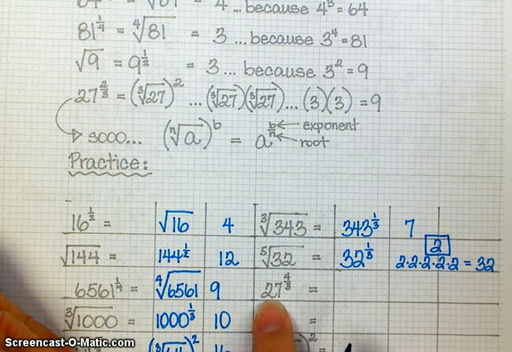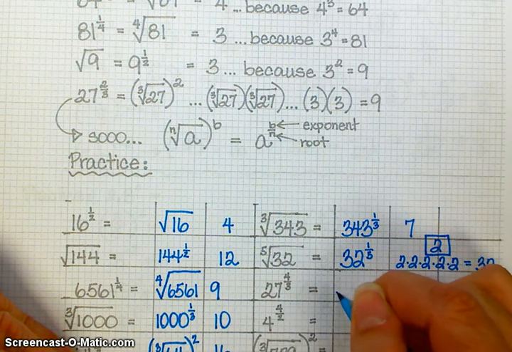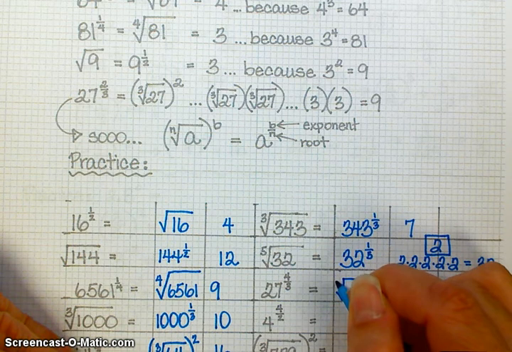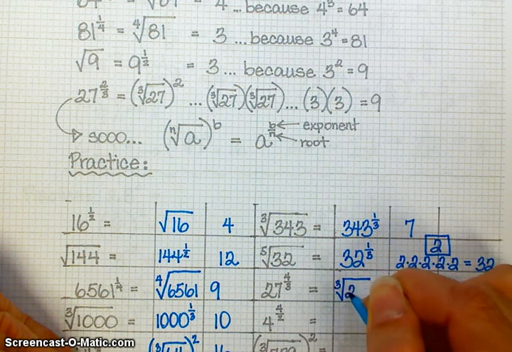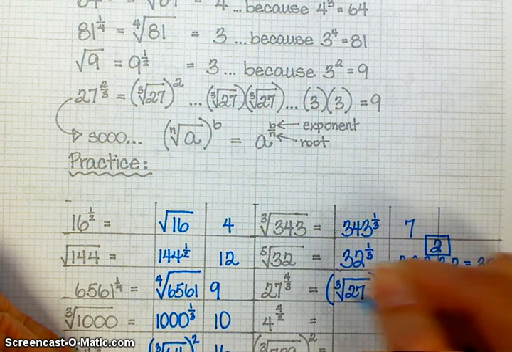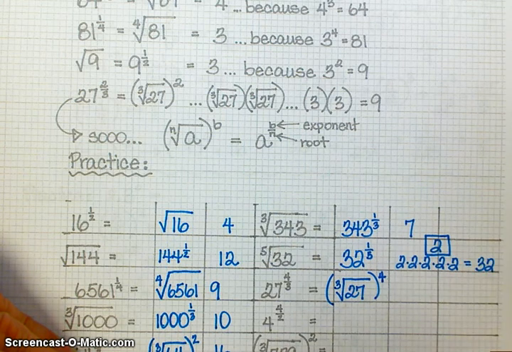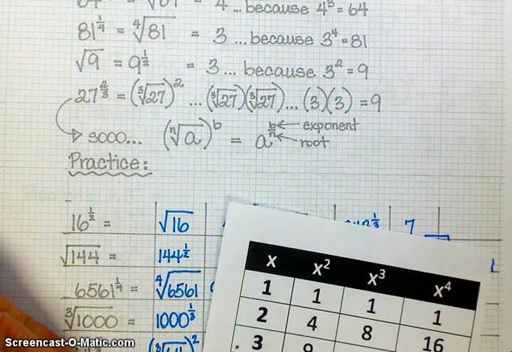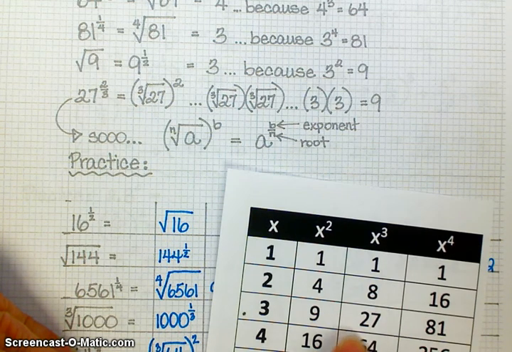All right, this one, 27 to the 4/3 power. Remember, the bottom part of the fractional exponent gives you the root that you're taking. So we're taking the cube root of 27, and then we are raising it to the 4th power. Cube root of 27 is 3.